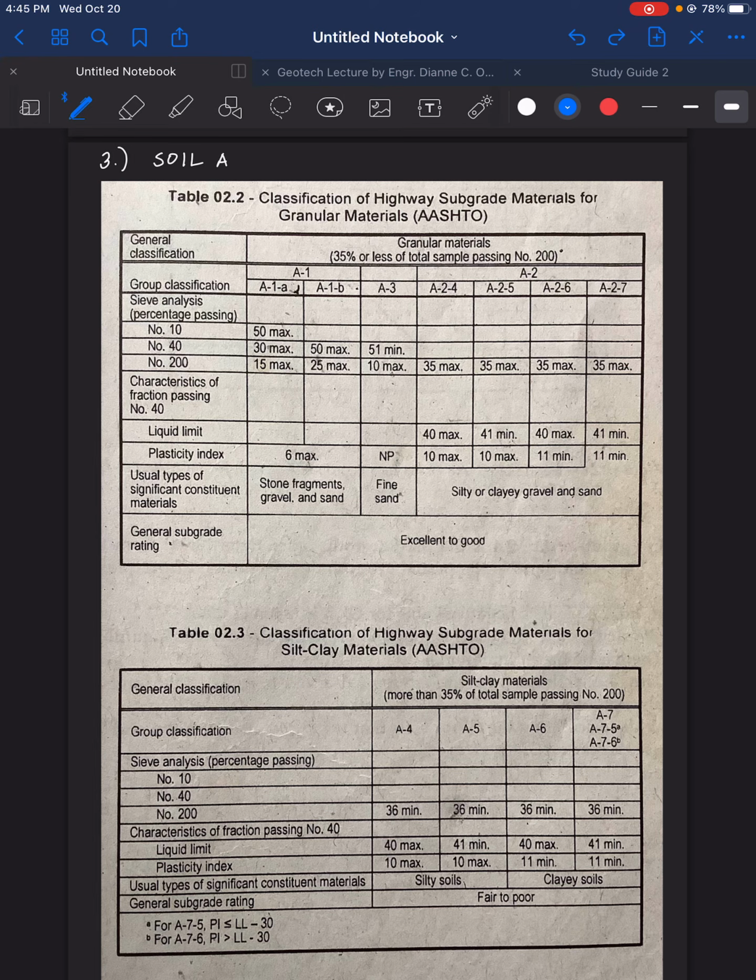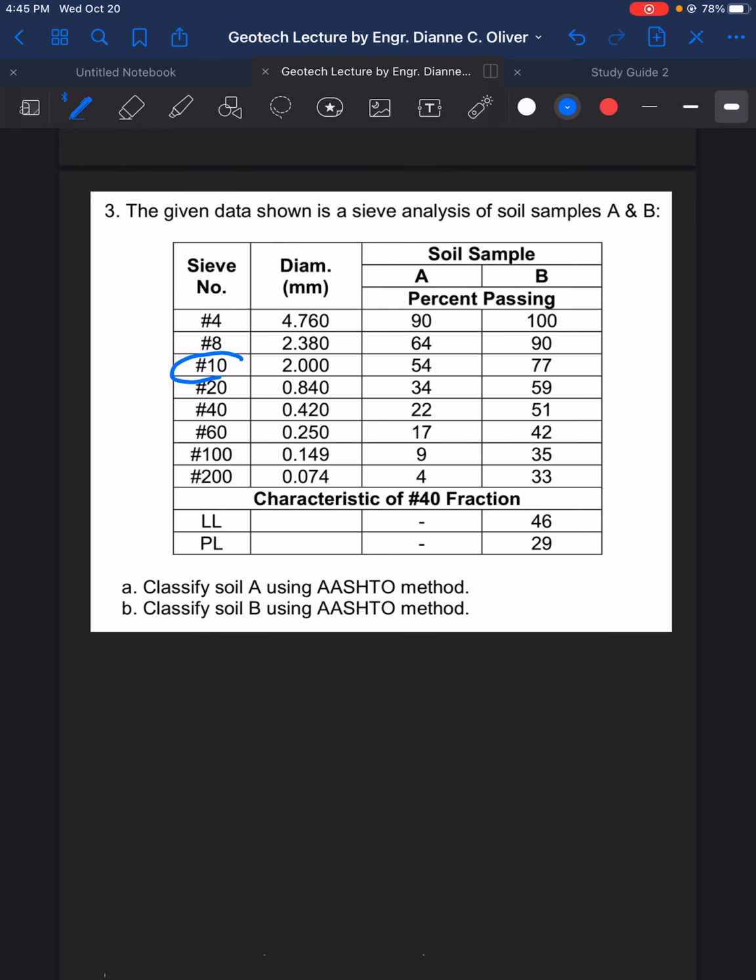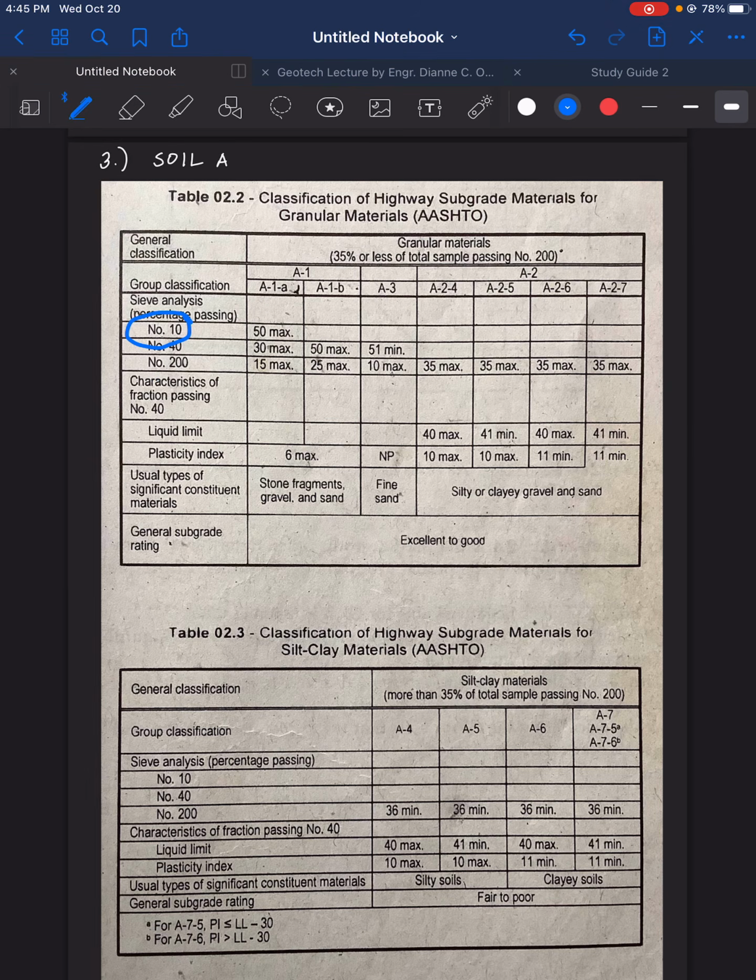Okay? Next. After you choose which one between the two, what's next is to look at the number 10. What's the percent on number 10? Here is the number 10. Percent passing is 54. Let's go back. Number 10, 54. For classification A-1-a, it says there, percent passing is 50 max.